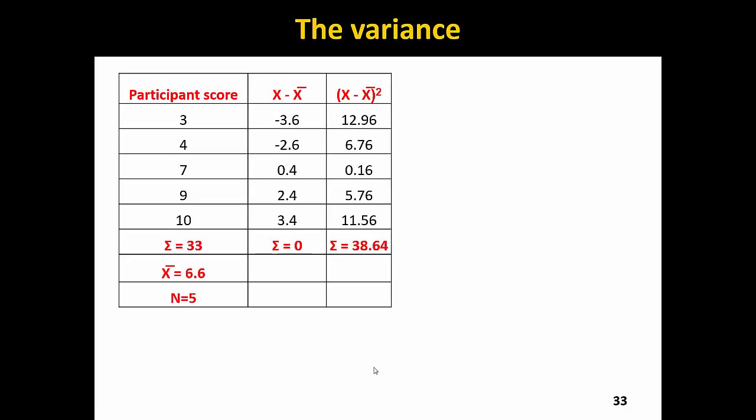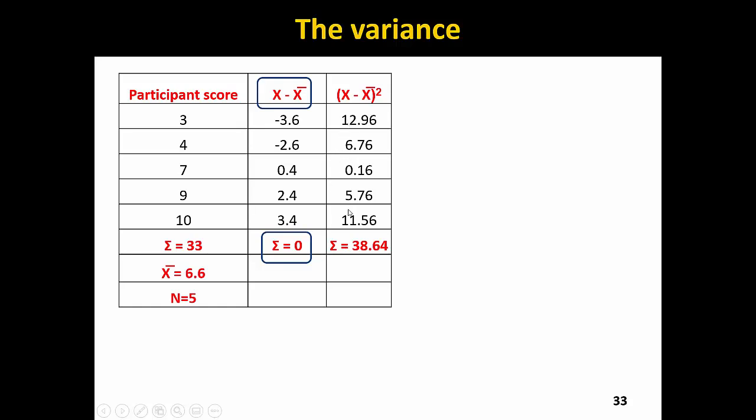So working through this example here on the slide, we see, just as a repeat, our deviation, the problem with the deviation summing to 0. But now we take the negative 3.6, we square this term, so negative 3.6 times negative 3.6 gives us 12.96, negative 2.6 times negative 2.6 gives us 6.76, and so on and so forth.